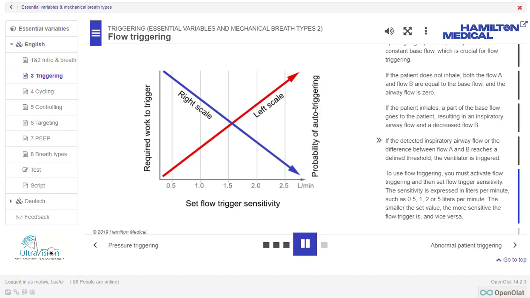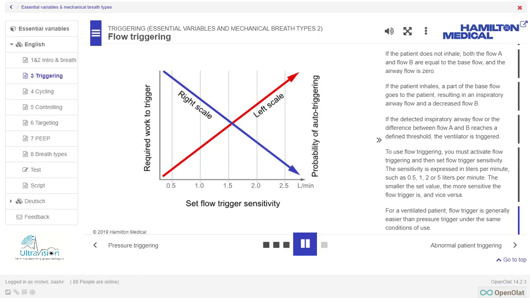The sensitivity is expressed in liters per minute, such as 0.5, 1, 2 or 5 liters per minute. The smaller the set value, the more sensitive the flow trigger is, and vice versa. For a ventilated patient, flow trigger is generally easier than pressure trigger under the same conditions of use.